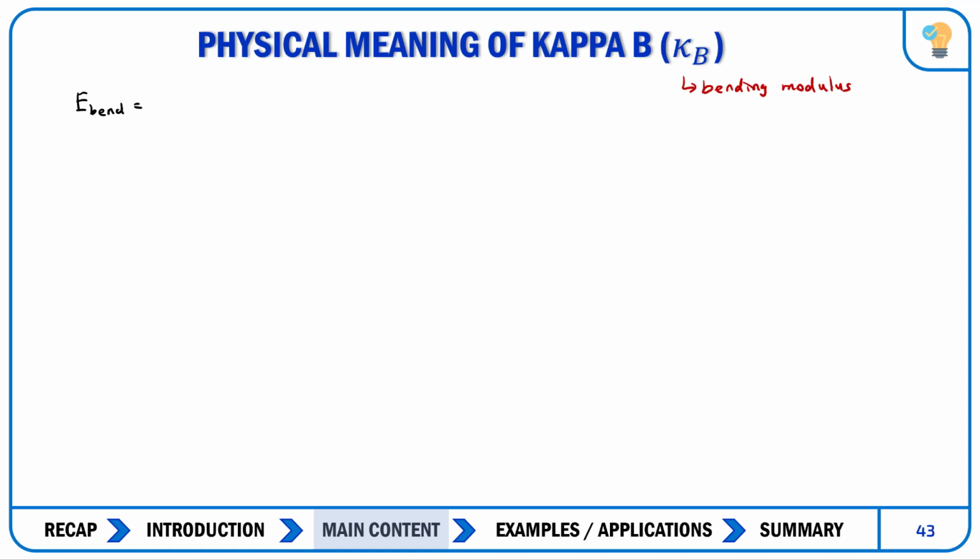So now we have E bend is equal to 1/2 kappa B L over R squared.